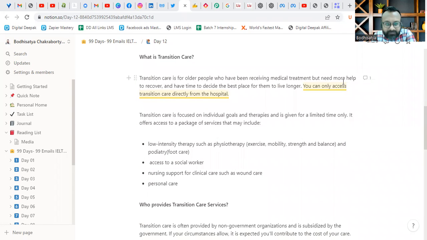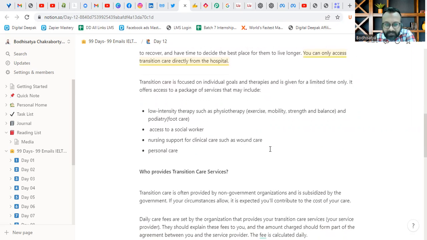Transition care is focused on individual goals and therapies and is given for a limited time only. It offers access to a package of services that may include low intensity therapies such as physiotherapy, exercise, mobility, strength and balance, and podiatry, that is foot care. Access to a social worker, nursing support for clinical care such as wound care, personal care.